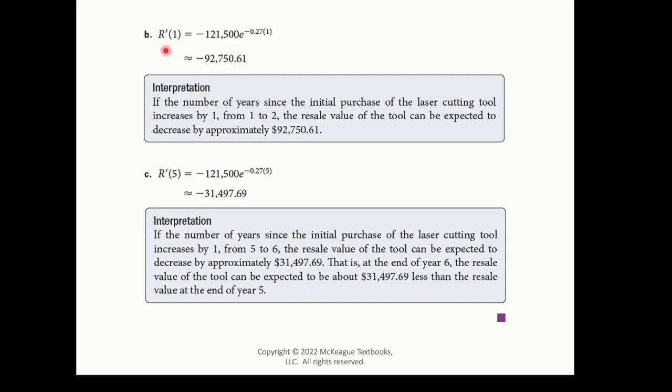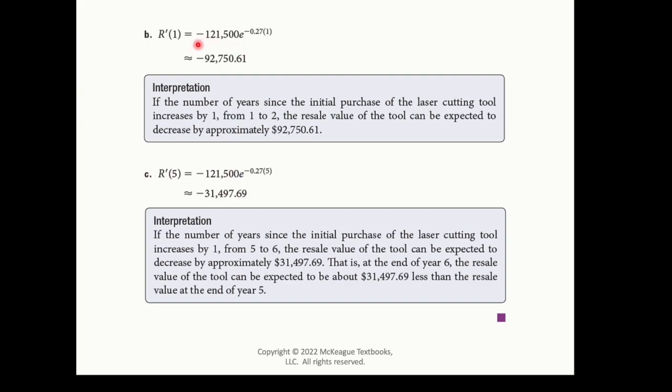So in part B, it says find the rate when the time that has passed is 1. So we would have to plug in 1 here and use our calculators to come up with an approximation. And that would be negative $92,750.61. So the interpretation is if the number of years since the initial purchase of the laser cutting tool is increased by 1, from 1 to 2, the resale value of the tool can be expected to decrease by approximately $92,750.61.